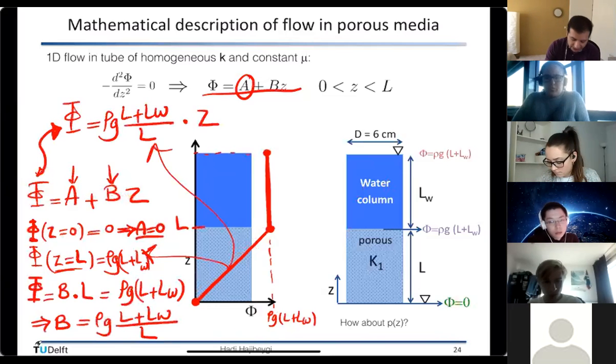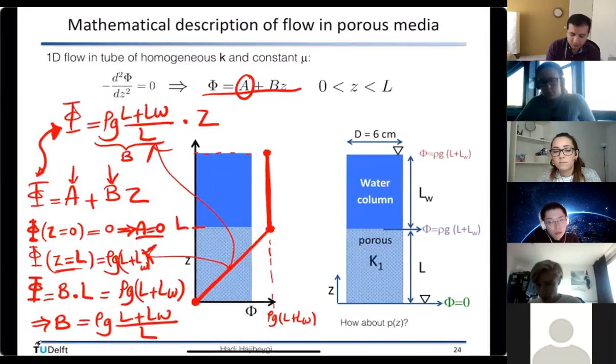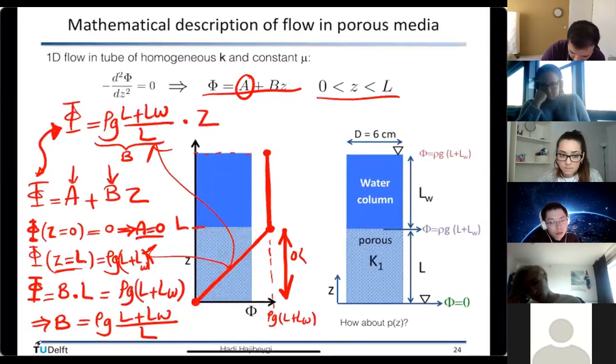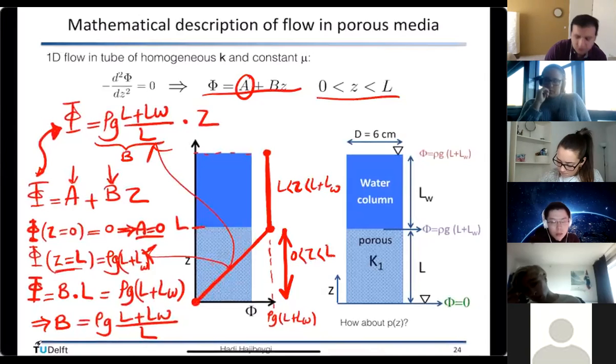A is 0, B is rho g L plus LW divided by L. It's a line that passes through 0, 0 and reaches rho g L plus LW potential at Z equals L. This is the mathematical function for the potential for any Z between 0 and L. From L to L plus LW, the potential stays constant at its maximum value of rho g L plus LW.